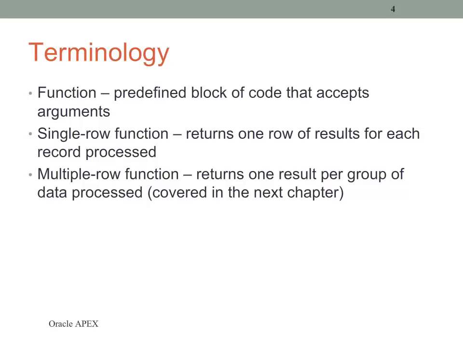Let's define a function, a single row function, and then a multi-row function. A function is a predefined block of code that accepts arguments. A single row function returns 1 row of results for each row processed. A multi-row function then returns 1 result per group of data processed.